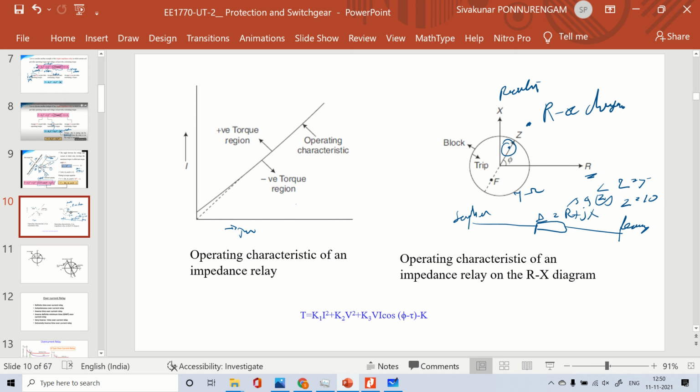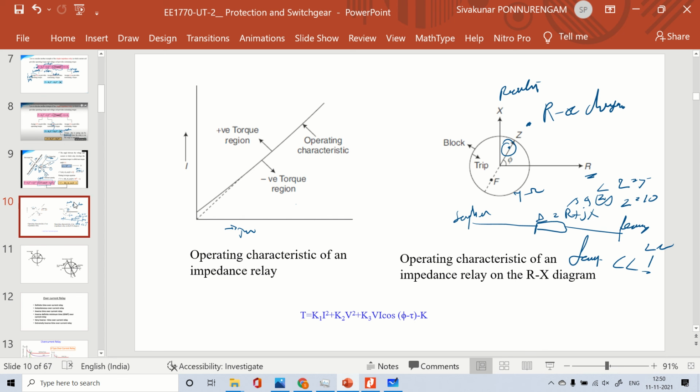Similarly here, if the Z value lies within this region, the relay can activate or trip. Normally the fault impedance is very low, less than 1 ohm, or maybe 2 ohms at most. Hence we consider the RX diagram.